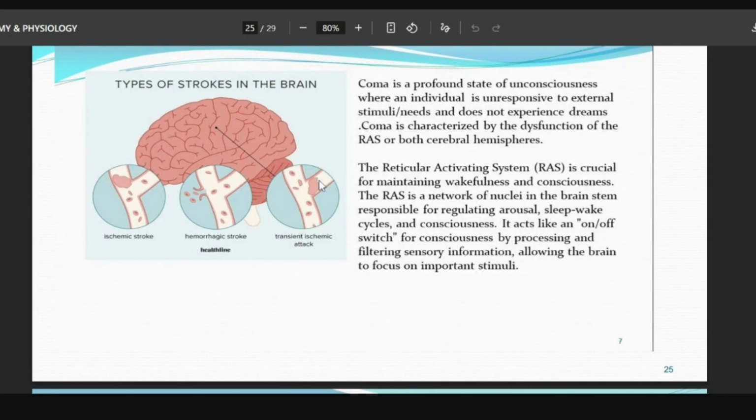This clot gets dissolved with certain medicine or by operation. Like in transient, it's just medicine. In ischemic, there can be some surgery. This is most dangerous, huh? ये दोनों dangerous है. This is most dangerous, and this is like, oh, at least there is some way out.